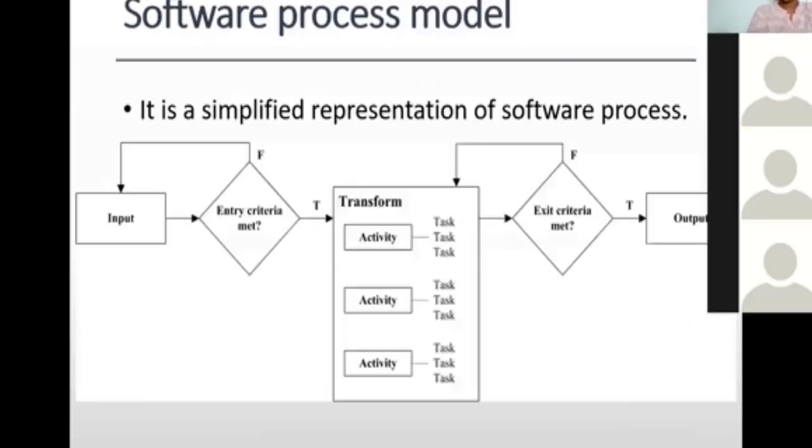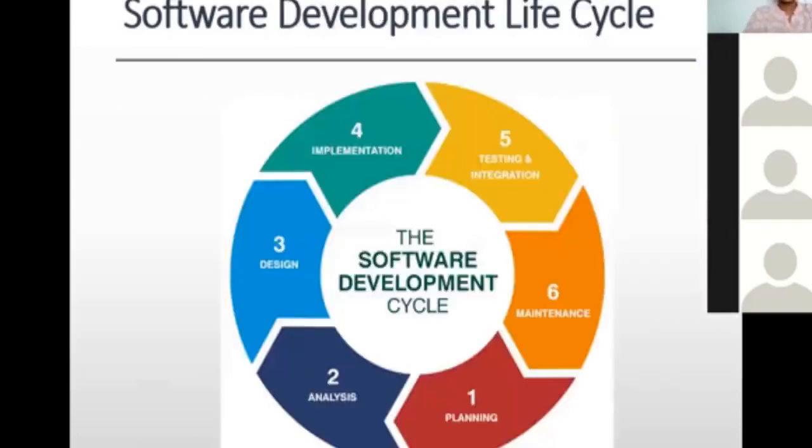When we represent those in a diagrammatic manner, we can call it a software process model. The same software process model, we can also recognize as the software development life cycle.